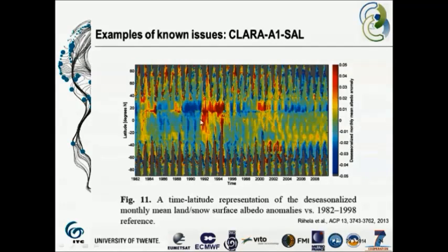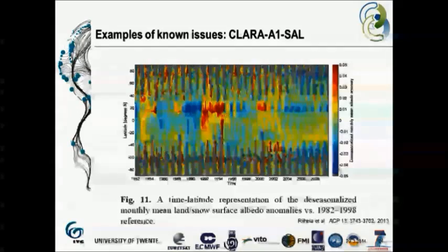A sudden increase in albedo anomaly. And if you look at the point where it originates, it looks like it's 1991 in June. Does anybody have a guess of anything major that might have happened in June 1991?